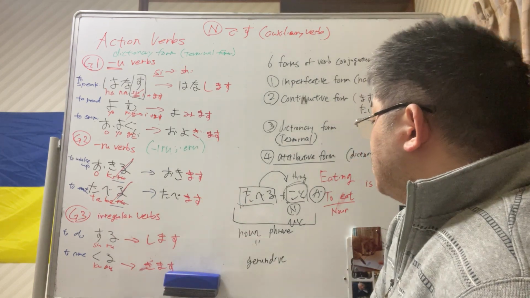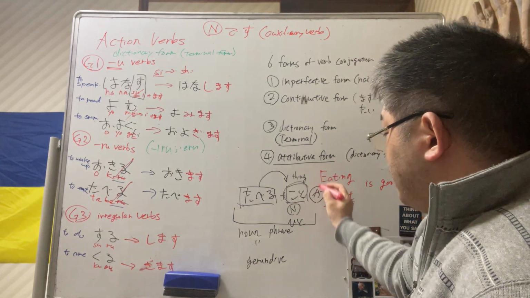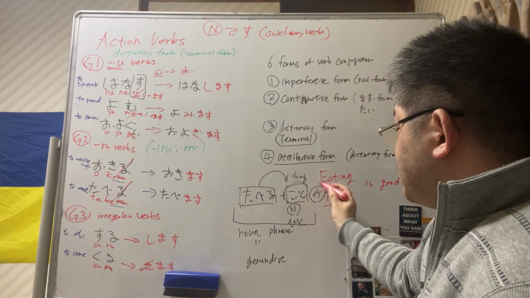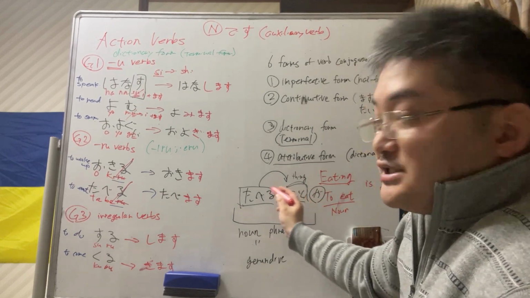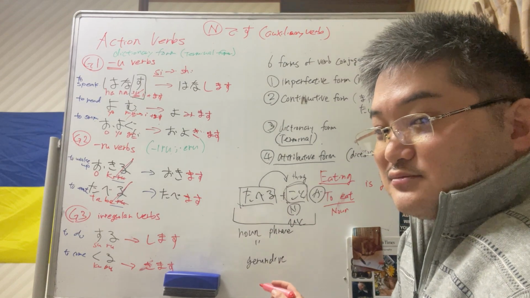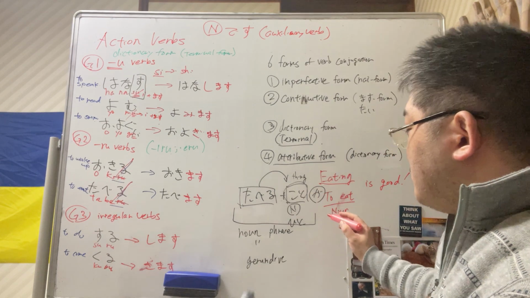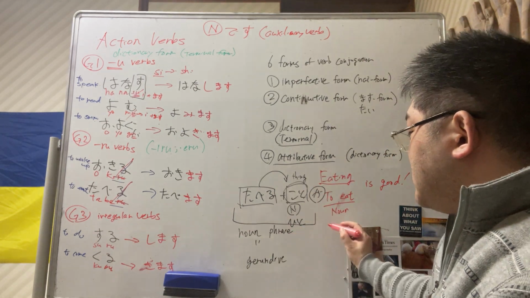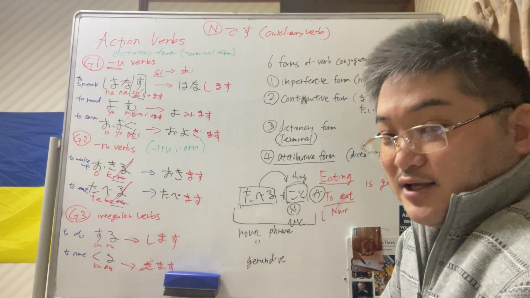Yes. So it's basically the same as eating, the act of eating. Activity of eating. Right, exactly. So it makes a noun clause or noun phrase. So it's a noun, but it has a sort of activity involved in it.